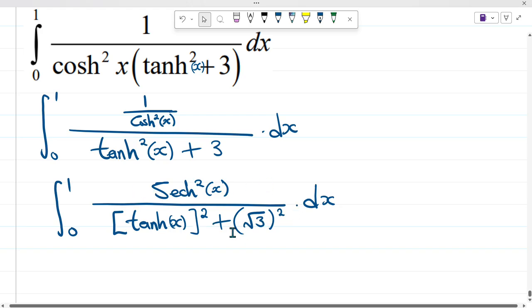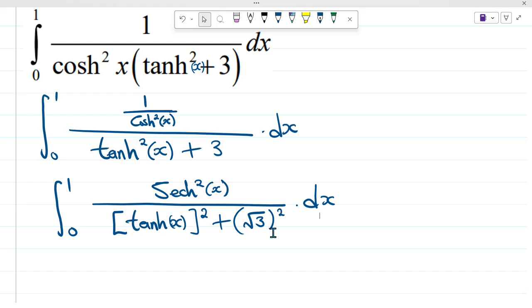So when we have this format of f prime of x divided by f of x squared plus a squared, it's the one of what? It's the one of tan inverse, right? So we've got tan inverse of what?